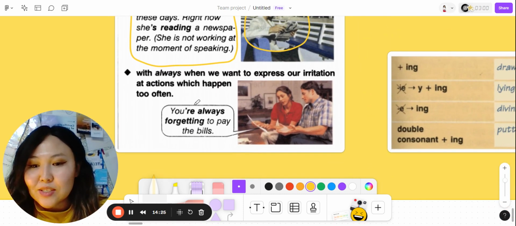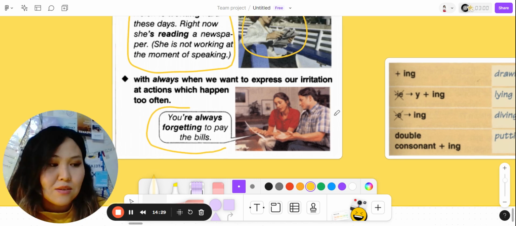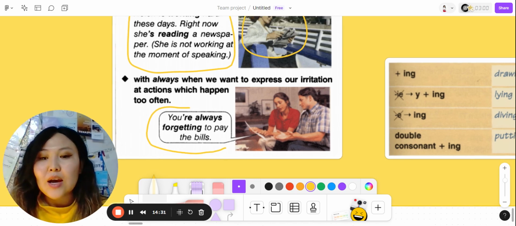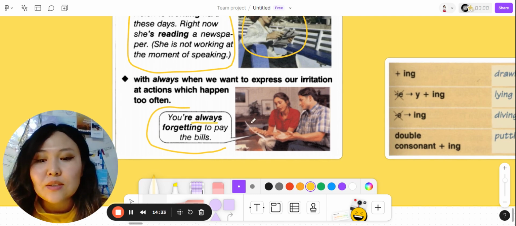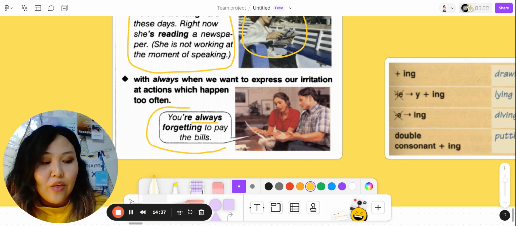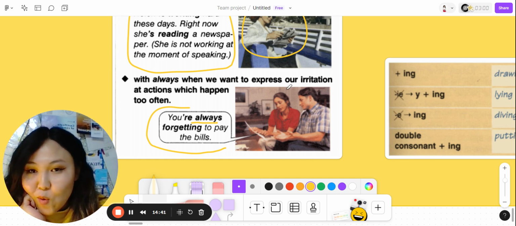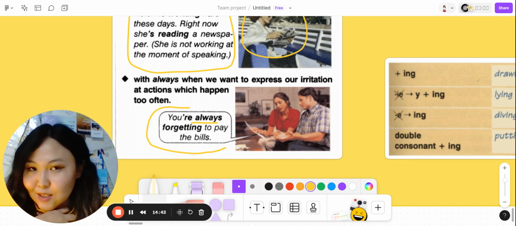Next example sounds as you're always forgetting to pay the bills. Oh, I like this one. I know that usually we use always in present simple, but sometimes we can use it with present continuous. When? When we are irritated about something.